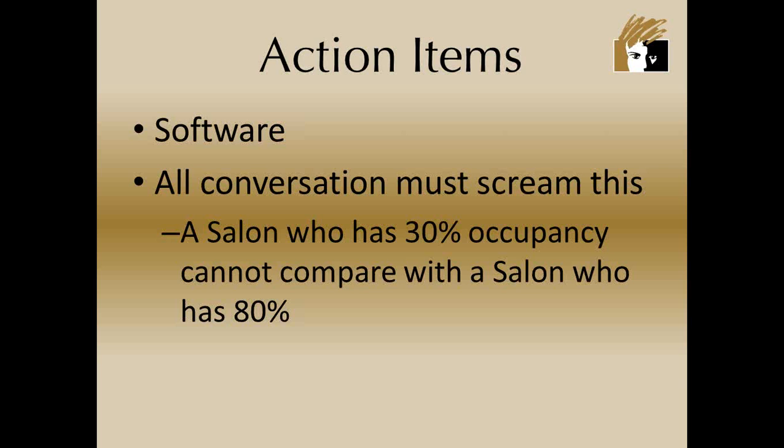So the combination of those two numbers is the number for the day. So in this case, let's say that I have 21 that are currently being serviced and 28 that are yet to be serviced. So if I was looking for a number of 60 to be at 100% occupied, in this example, I've got 49. So it tells me how I'm performing against that. I hope that makes sense.